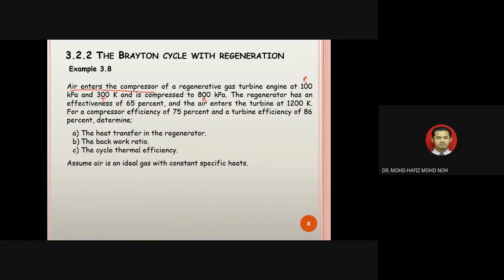And then the air enters the turbine at 1200 Kelvin, this one is going to be T3. For the compressor efficiency of 75% and turbine efficiency of 86%, determine the heat transfer in the regenerator, the back work ratio, and the cycle thermal efficiency.